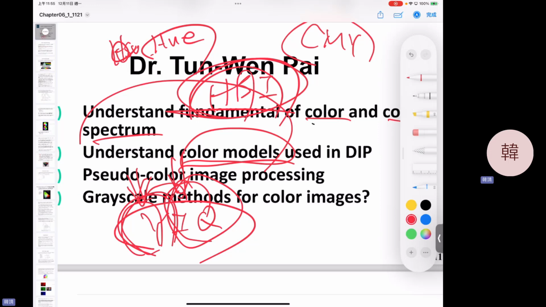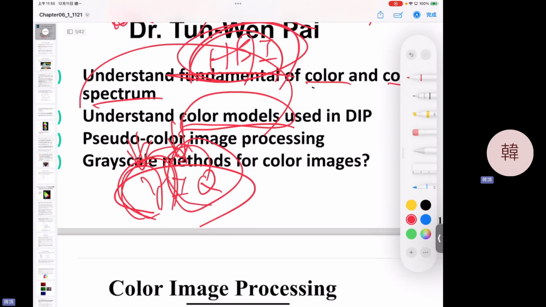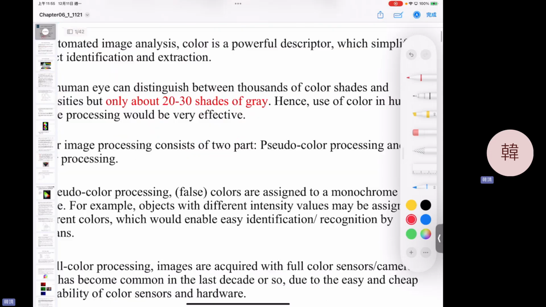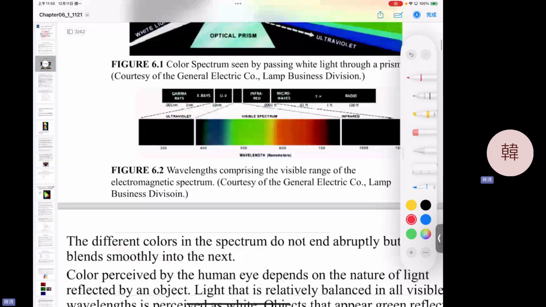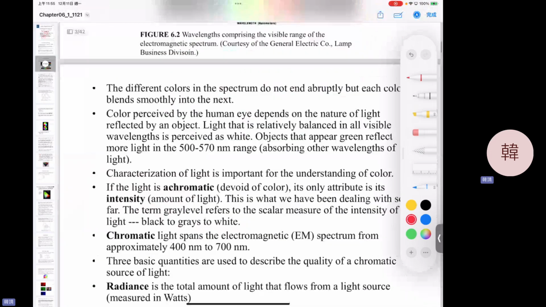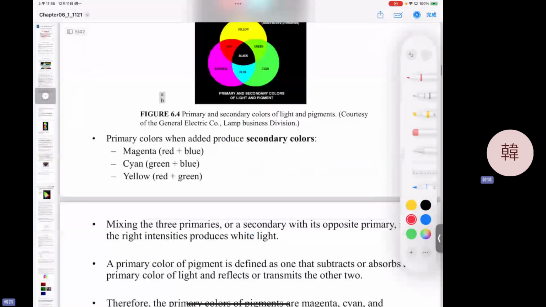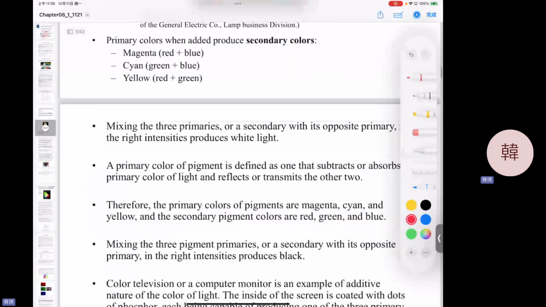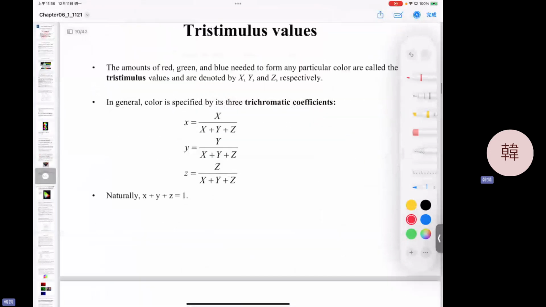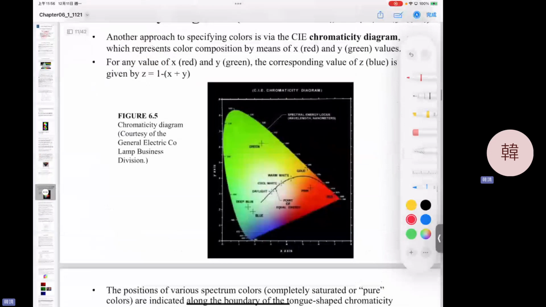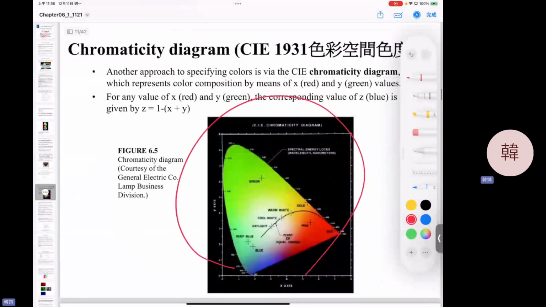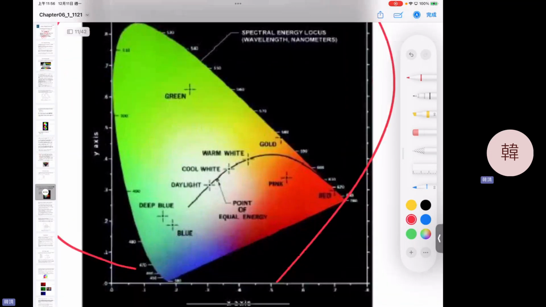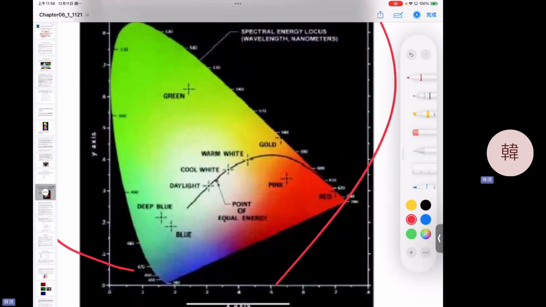So I think next time we are going to introduce all these different color models, how you transform from one to another, how you make a good selection, and how they change to different representations. And even the CIE chromatic diagram, how you explain it and how you look at this system.